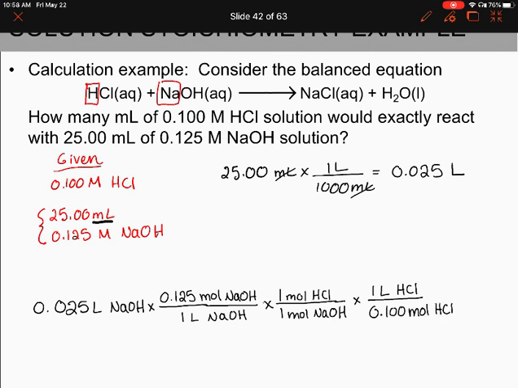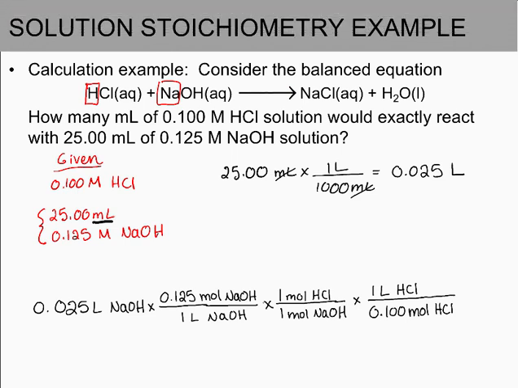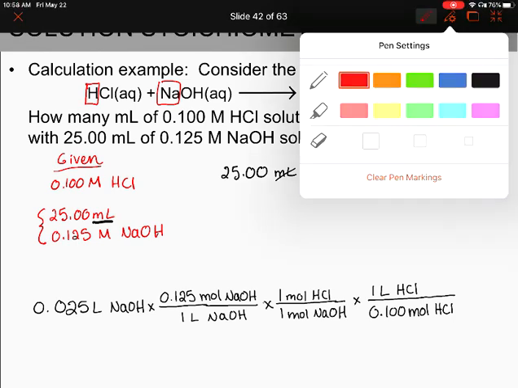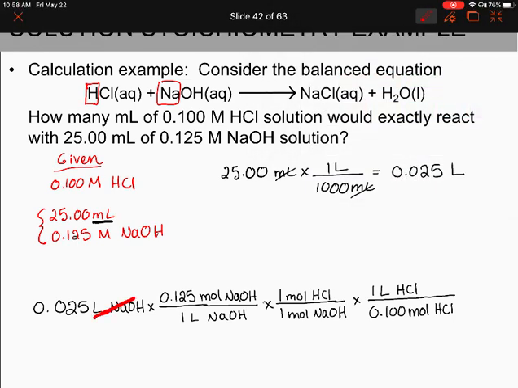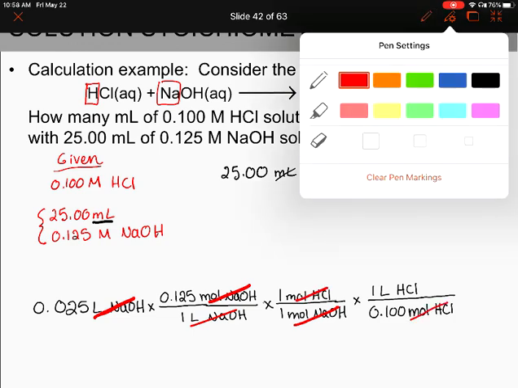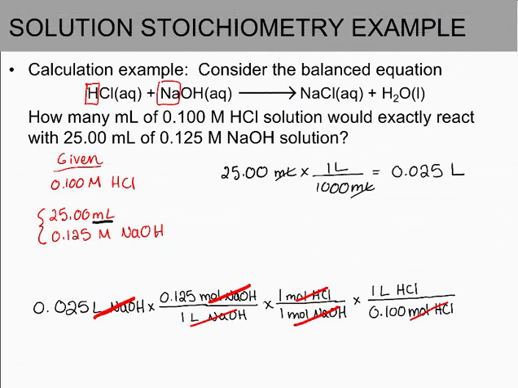And remember, we do want to cancel units, so that can also help you set up that part of the calculation. So let's make sure units cancel properly. Liters of NaOH cancel with liters of NaOH. Moles of NaOH cancel with moles. And then moles of HCl cancel with moles of HCl. We'll be left with liters of HCl solution, which is what we want.